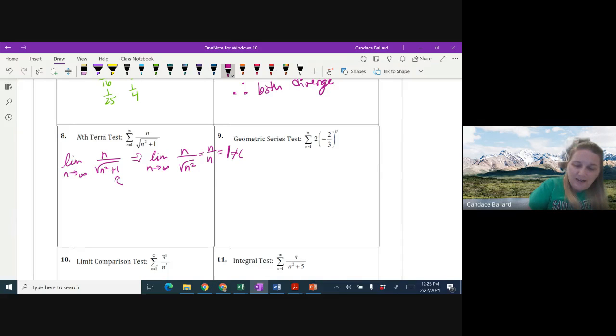Which does not equal 0. So does it converge or diverge by nth term? Right, so therefore it diverges by nth term.